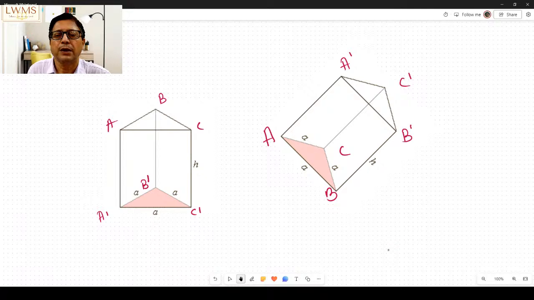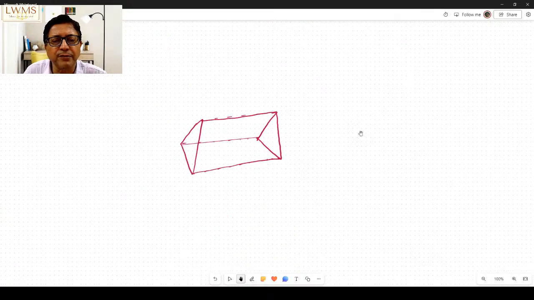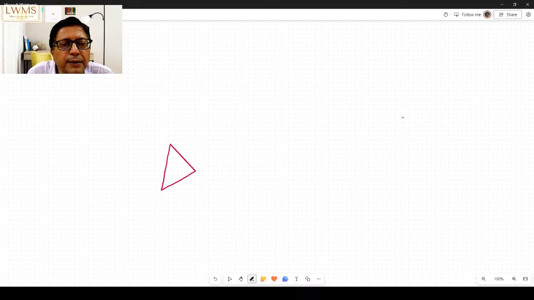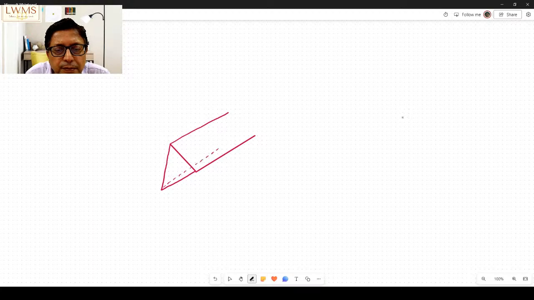But I prefer to get this manual diagram, taking a prismatic view like this.